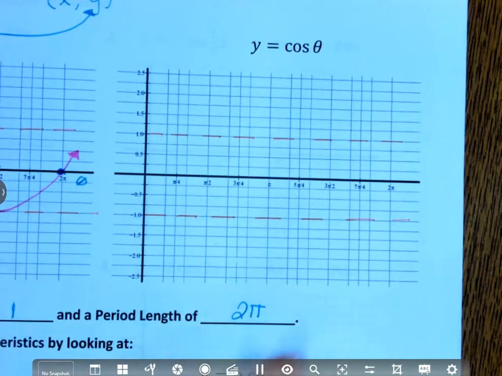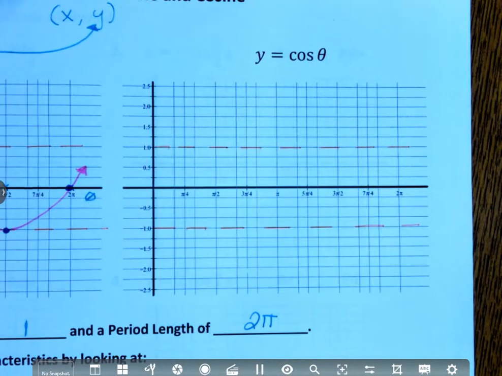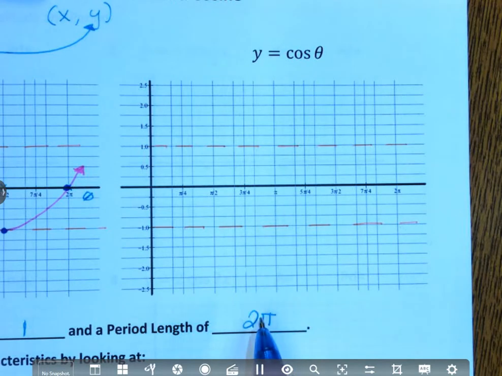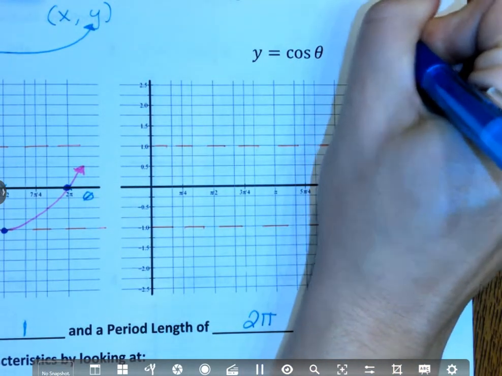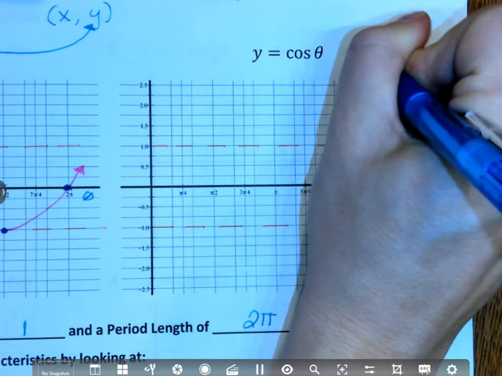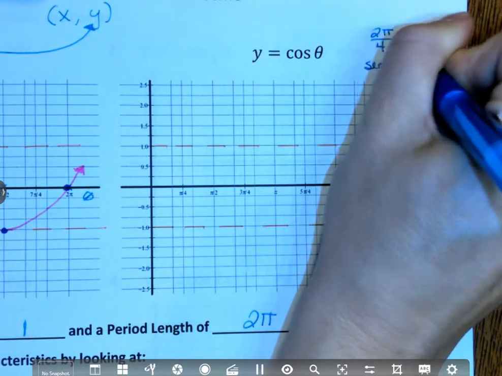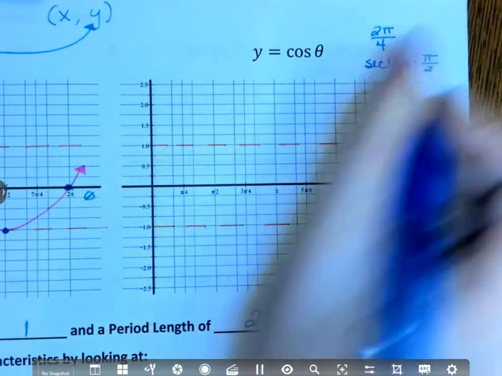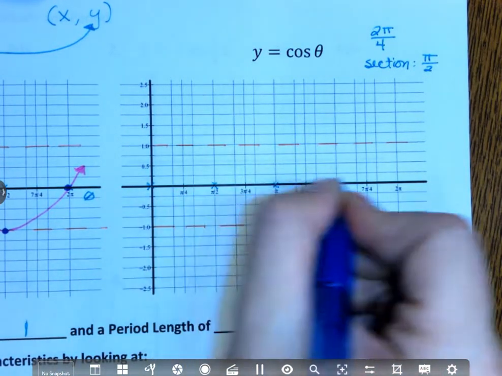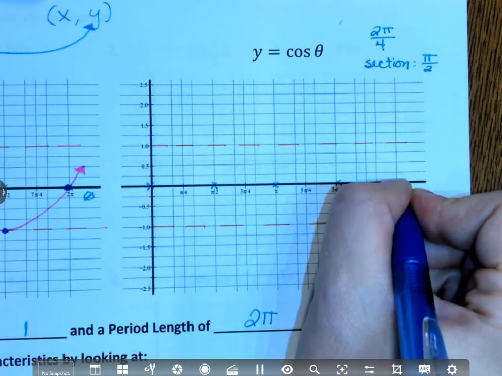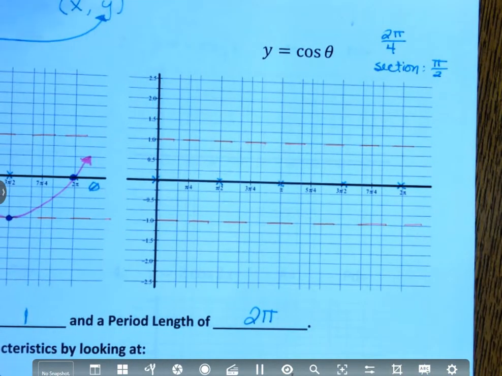And we say for cosine, what was the period? 2 pi. So I take my period and divide it by 4. So that tells me each section is again pi over 2. So start, pi over 2, pi, 3 pi over 2, 2 pi.